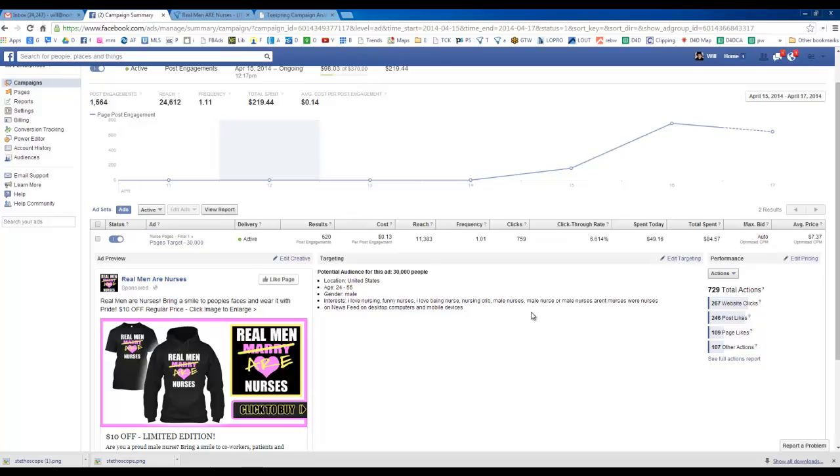I would venture to say the other $100 will generate more than 10 sales. In fact, I'm going to predict that it'll generate around 15 sales, which will certainly help our return on investment.